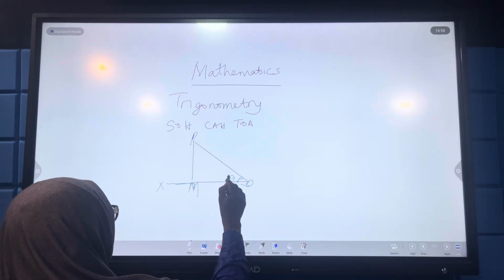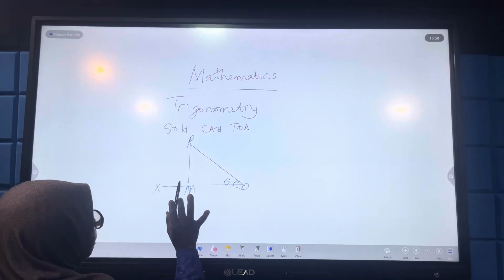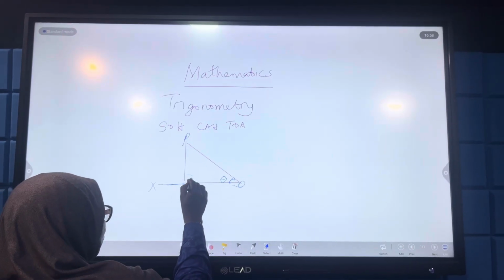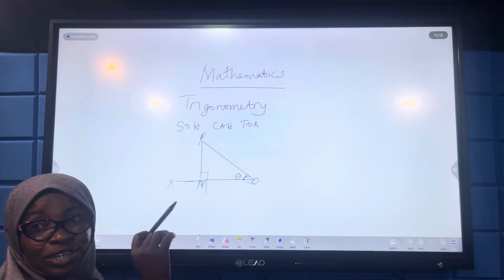Let's call this angle theta. This triangle is a right angle triangle.